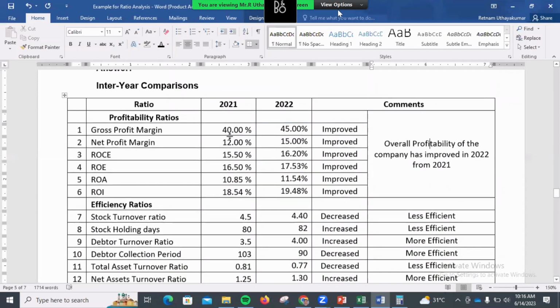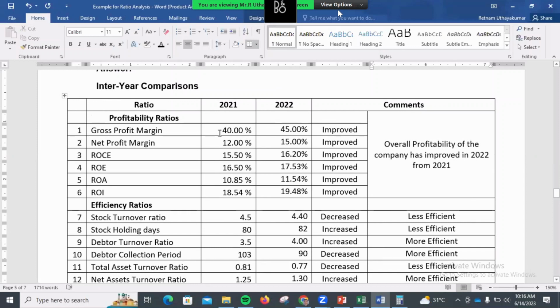Then you want to compare with your general knowledge. So profit margin says that whenever you are having more and more margin, the high margin, you can interpret it as an improvement. When you compare with the previous years, 40, now it has increased to 45.